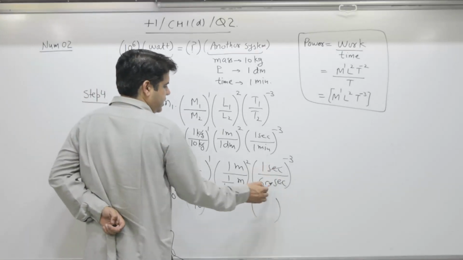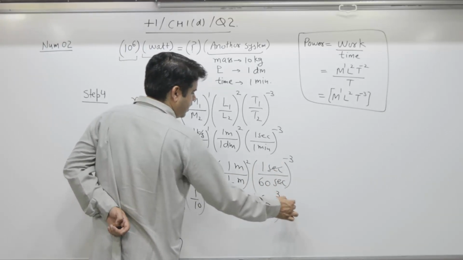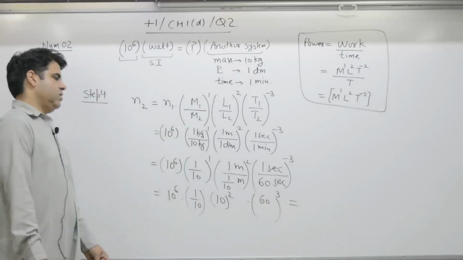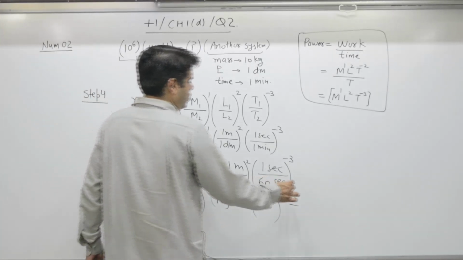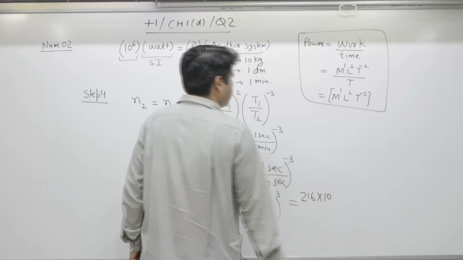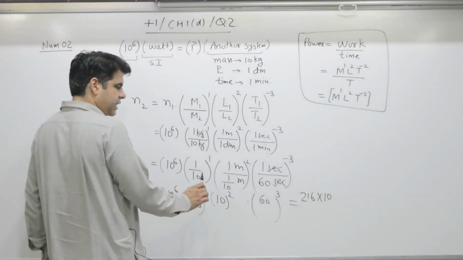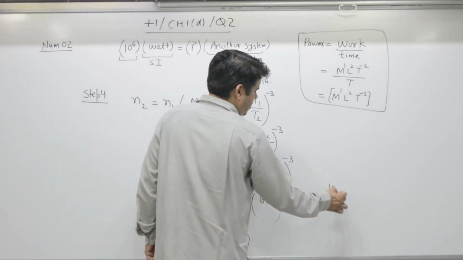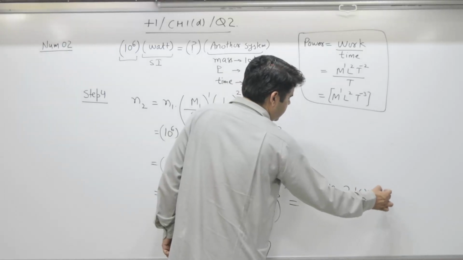Second cancel. 1 by 60 power minus 3 means 60 power 3 is equal to 6 into 6 into 6 is 216. 216 into 10 raised to the power, or 2.16 into 10 raised to the power 12.